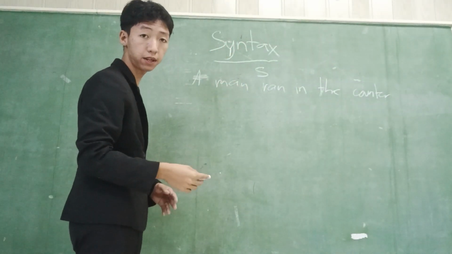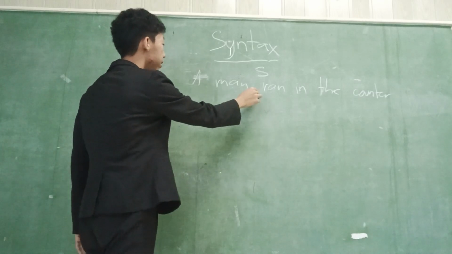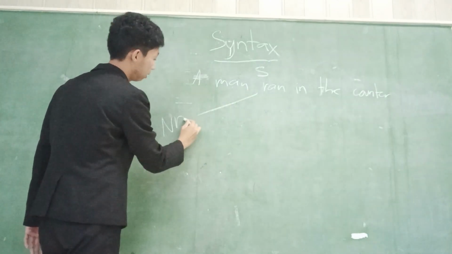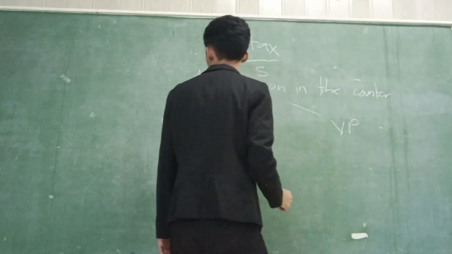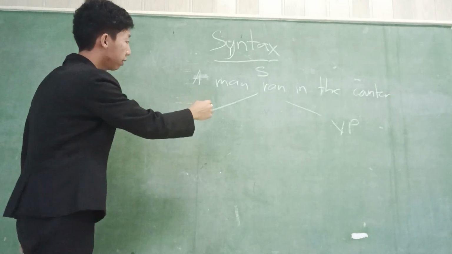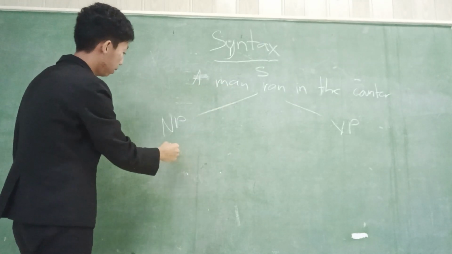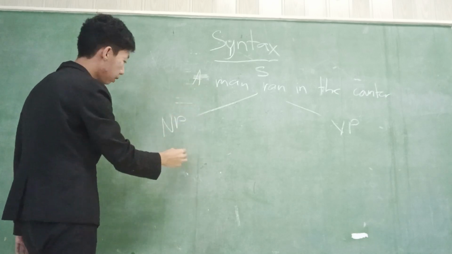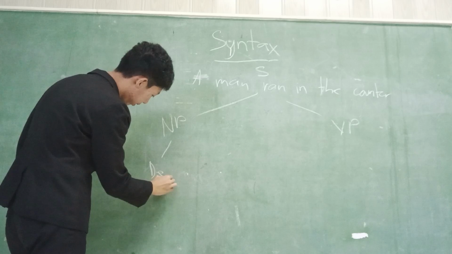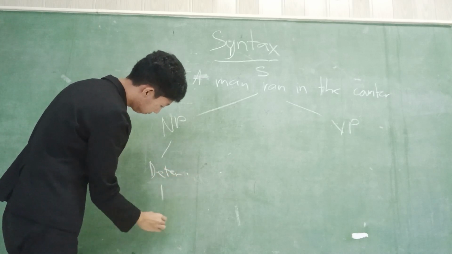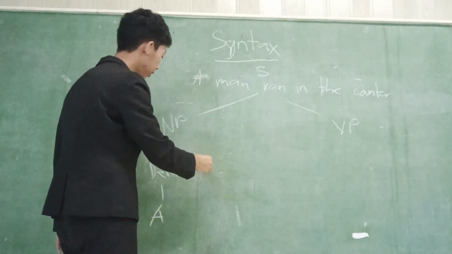That's our sentence, and like I said earlier, a sentence consists of a noun phrase and the verb phrase. Now we have here a noun phrase, a man, and a is a determiner. And then we have the noun, which is man.